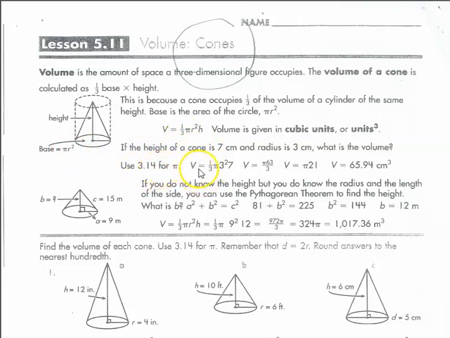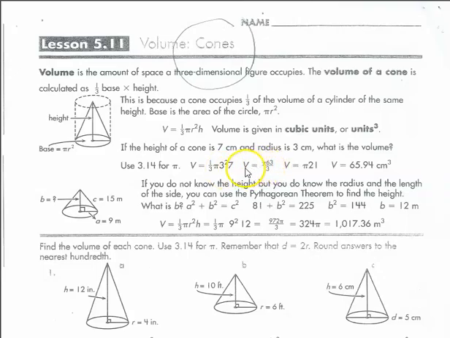Now when we plug these numbers in, we get volume V is equal to 1/3 times pi times r squared. We know that the radius is 3, so 3 squared, times height, and we know that height is 7. So 3 squared is 9, 3 times 3 is 9, 9 times 7 is 63.